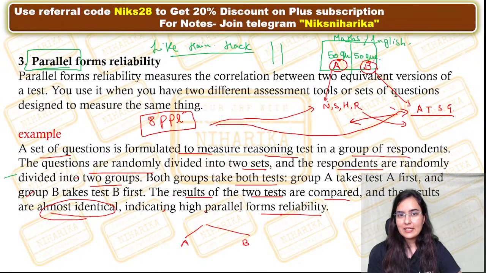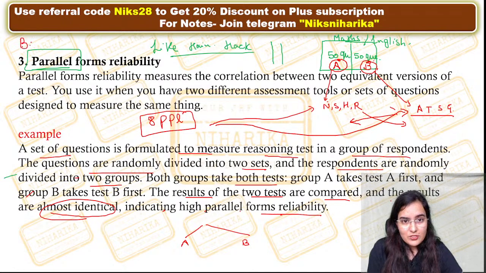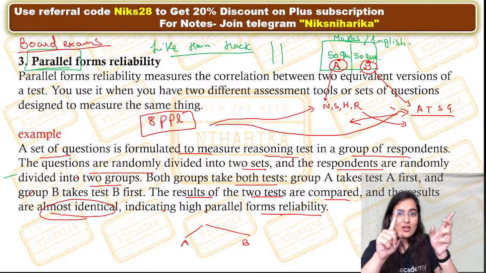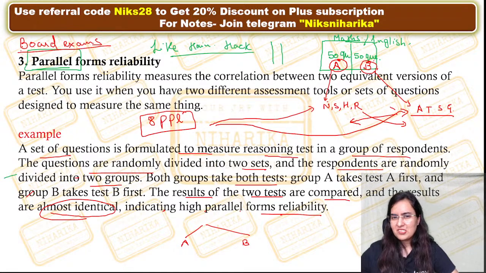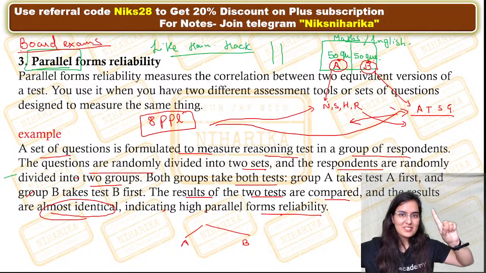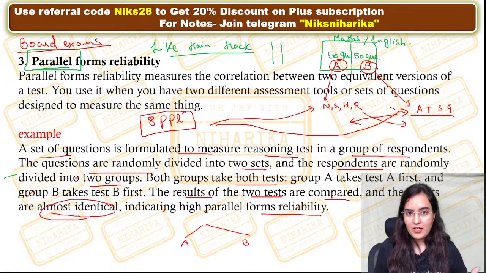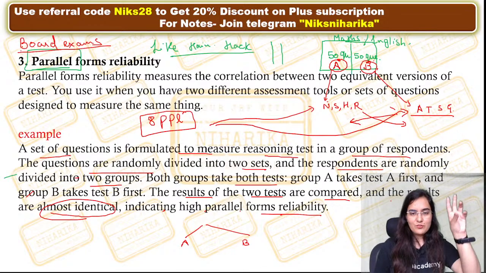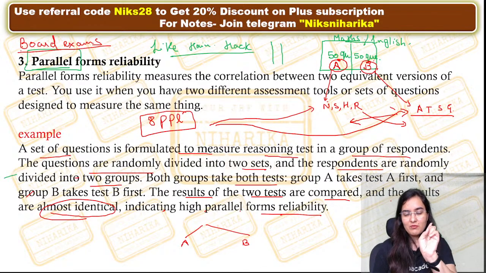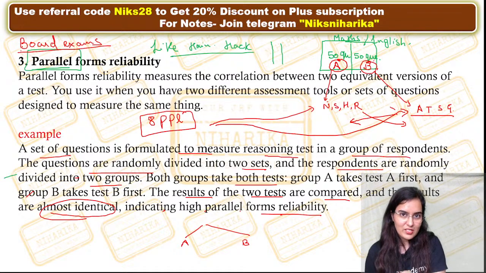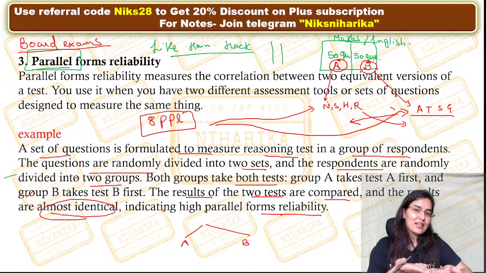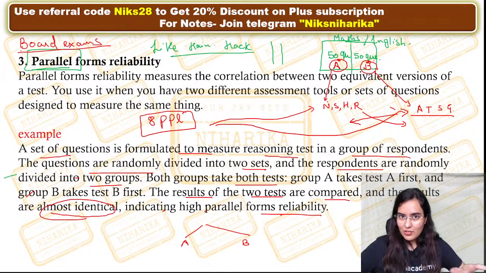You remember our class 10th and class 12th board exams. When board exams happen, there are 100 questions, or maybe 50 or 60 questions, in basically a 100 mark question paper, having set A, set B, set C. The examiners who prepare that question paper, it will be very bad if set A has some tough questions, set B moderate questions, and set C very easy questions. All should have exactly the same kind of questions, the same level of questions.